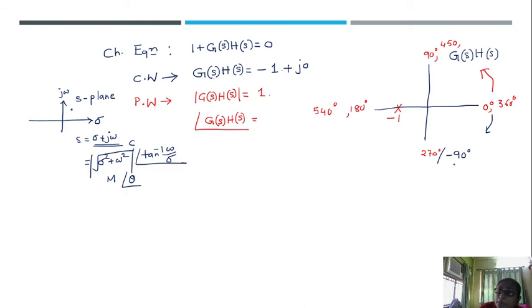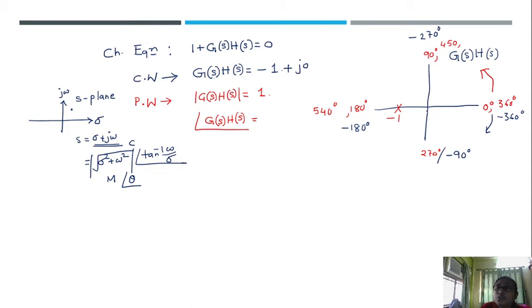So minus 90 degree, this axis will be minus 180 degree, this axis will be minus 270 degree, this will again be minus 360 degree, and so on. How can we understand it is clockwise rotation? It gives a minus sign, and we will understand which quadrant is giving which angle.